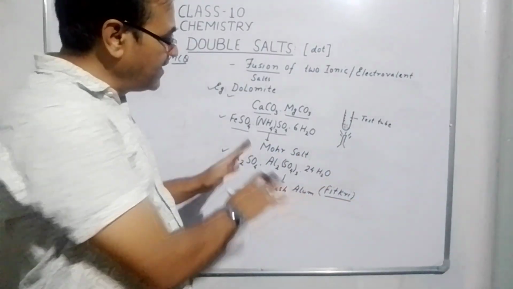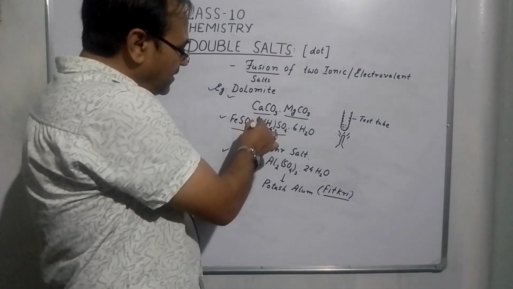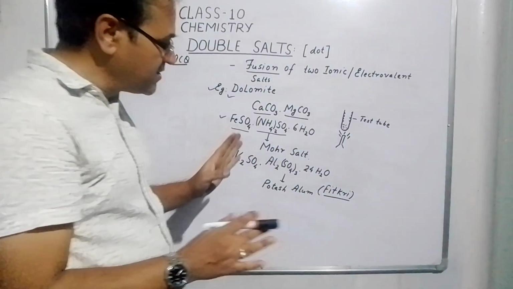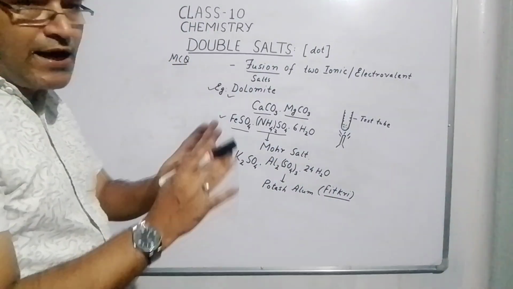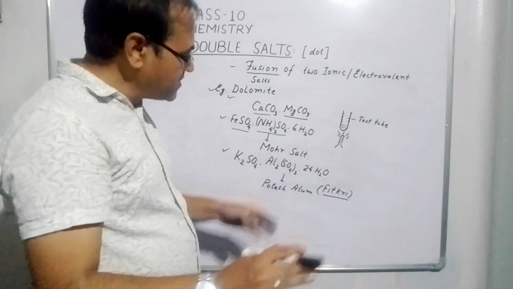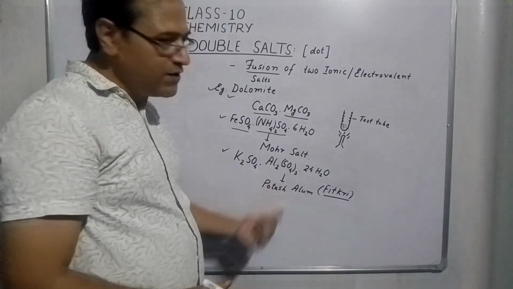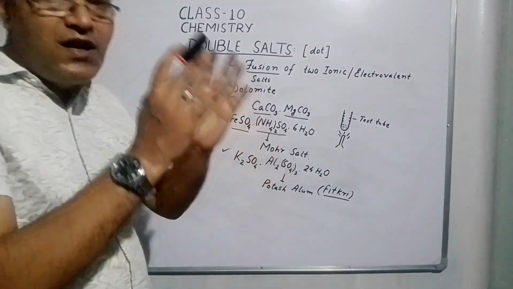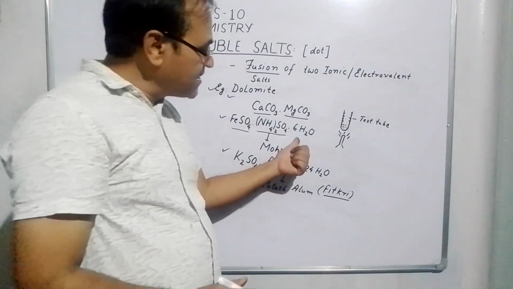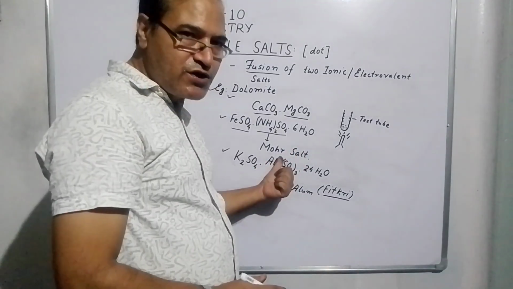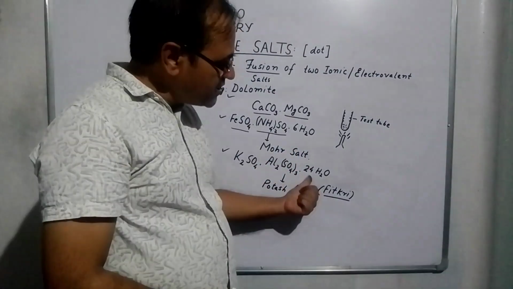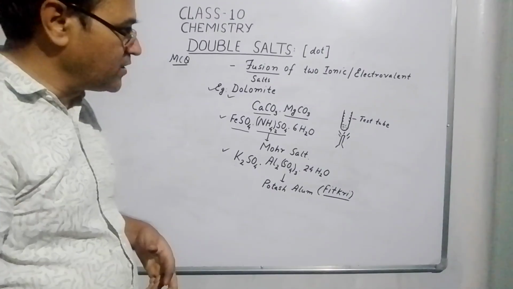There is no hydrogen, nothing in between this. There are no hydrogen ions or hydroxyl ions. It is a fusion of the 2 pure normal ionic salts with 6 molecules of water in the case of the Mohr salt. In the case of the potash alum, it is 24 molecules of water.